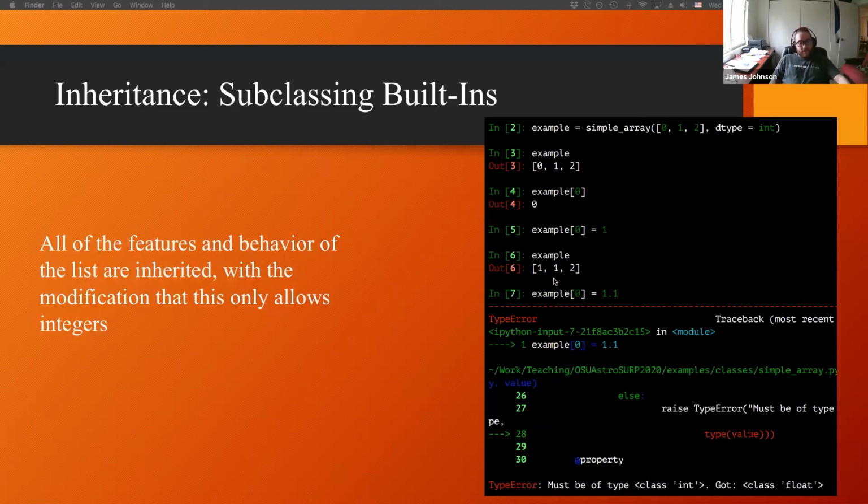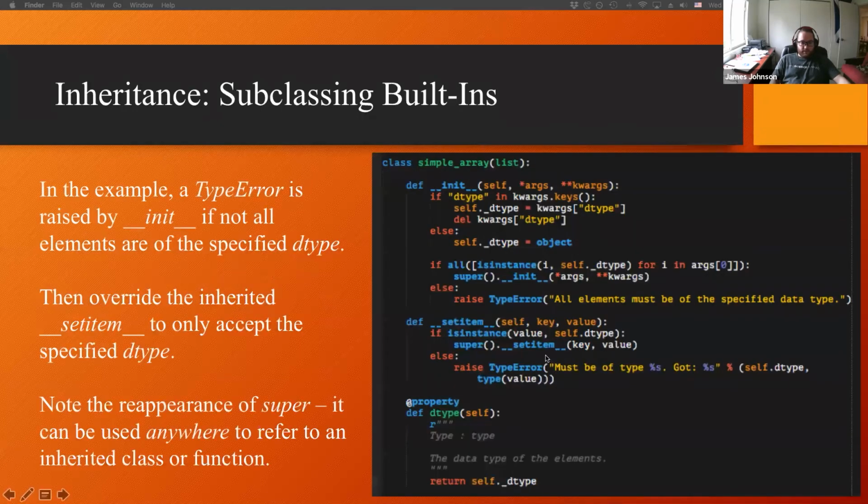So then this passes. This line right here passes because 1 is an integer. So if I try to give it 1.1, it then finds exactly the error that I raised earlier. It found that 1.1 is not an instance of self.dtype here, which is an integer.